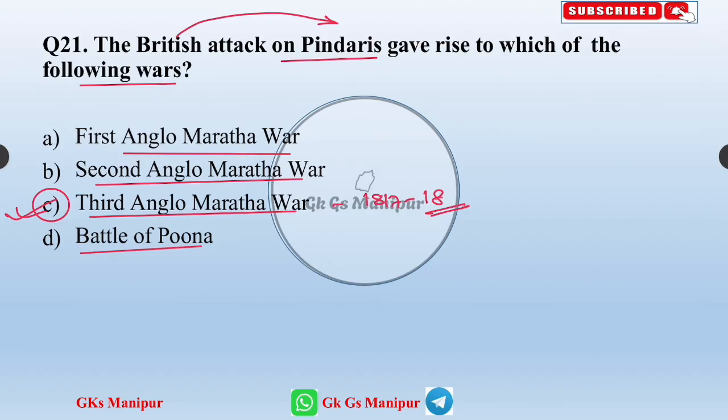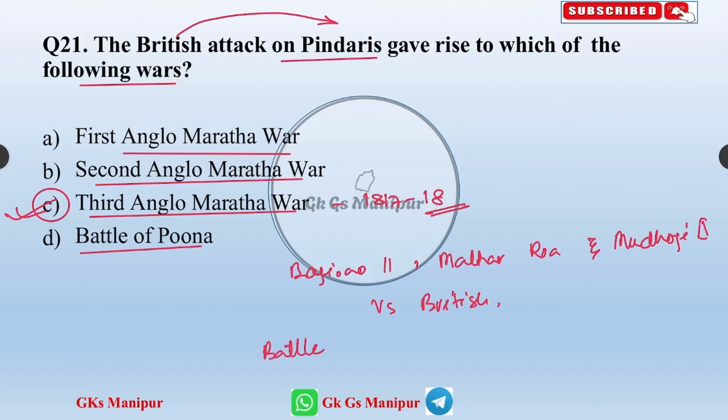The Battle of Koregaon, also known as Bhima Koregaon, was part of the Third Anglo-Maratha War, and the British won the Third Anglo-Maratha war.